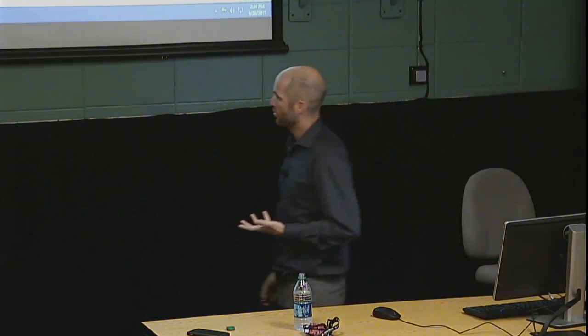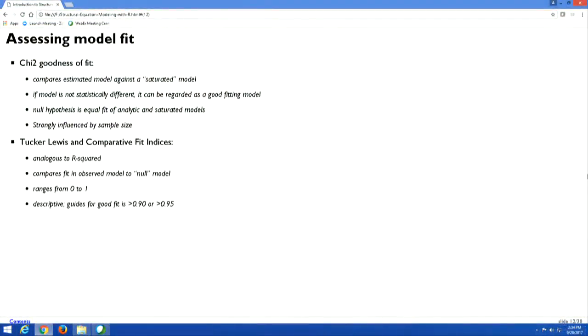So just like you do for a linear regression or any type of regression, like a logistic regression, you want to assess how well your model fits the data. Because if you have a model that doesn't fit your data very well, then what does that tell you about the population if it doesn't even fit the data? There are a lot of what are called global fit indexes or fit statistics that you can use in structural equation modeling.